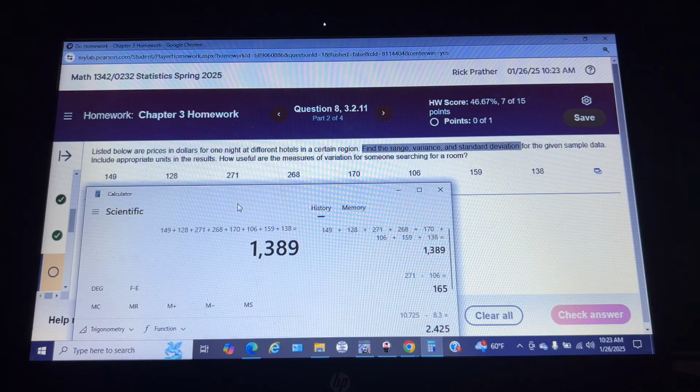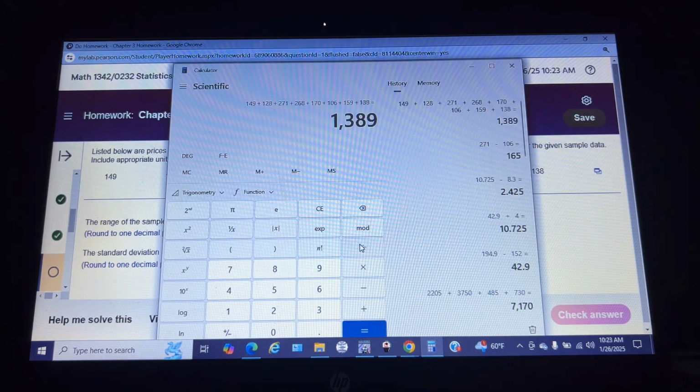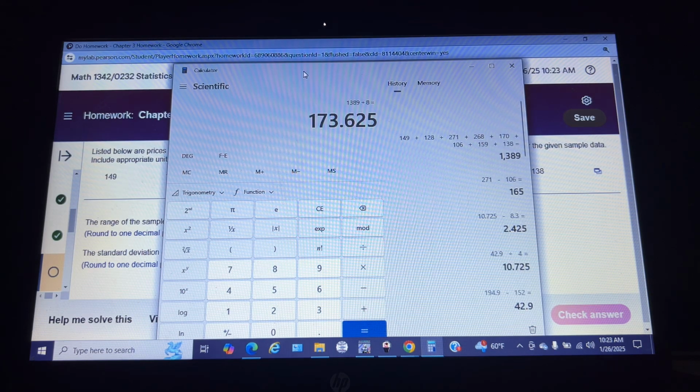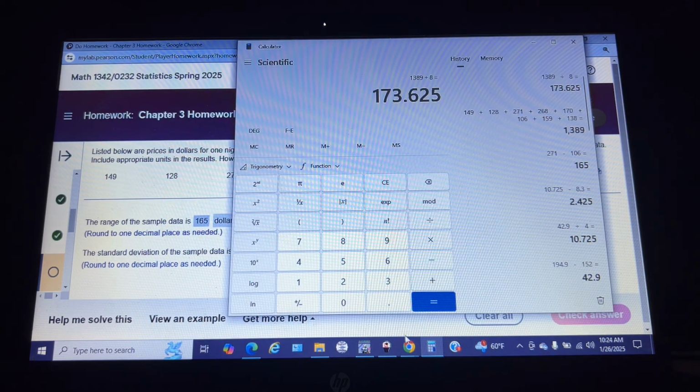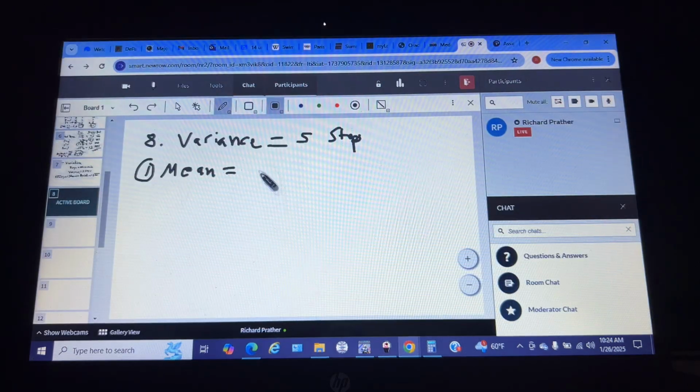So this adds up to 1389, and as I counted already, there's 8 numbers here, so divide by 8. Unfortunately, it's a messy number, 173.625.